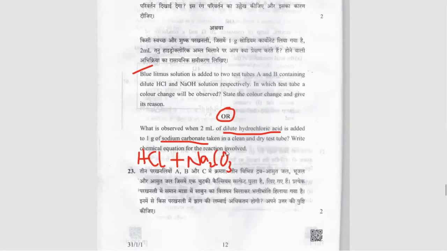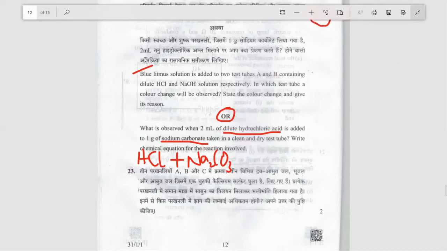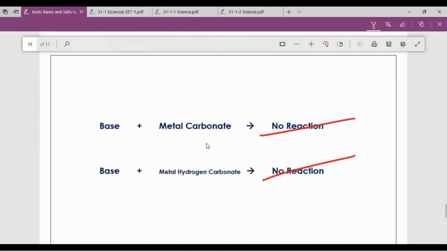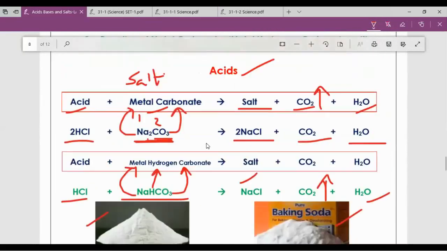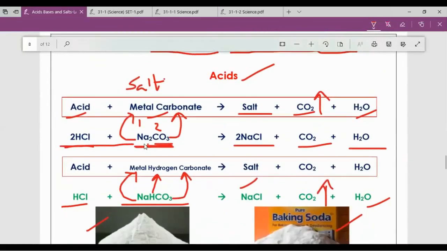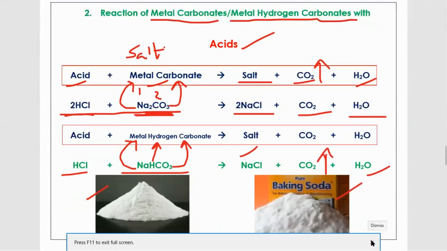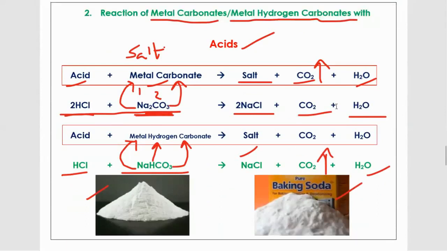Write the chemical equation for the reaction. So you see the marks, 2 marks. Just to write the chemical equation you will get 2 marks. HCl plus Na2CO3, we have already discussed. HCl plus Na2CO3 gives what? NaCl plus CO2 plus H2O.